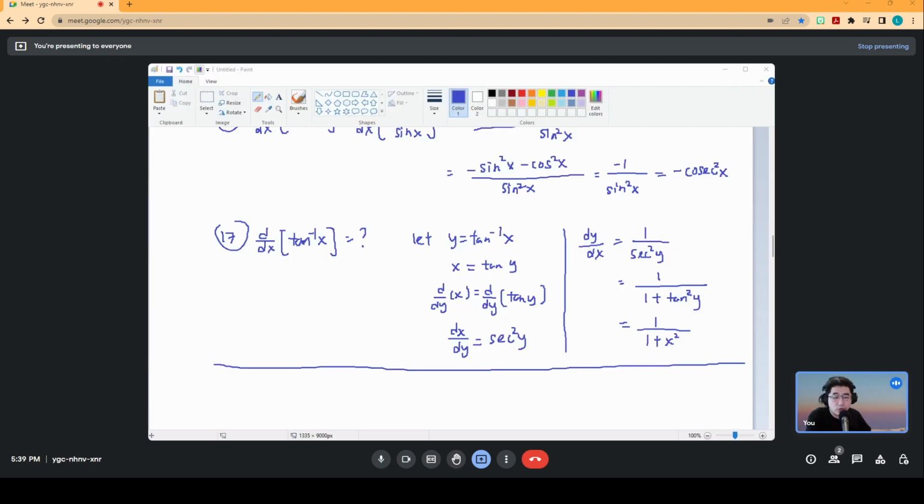From these rules, you have to get used to and be able to recognize what they are, of course, and apply the formula. But the only bad thing is rule 17.